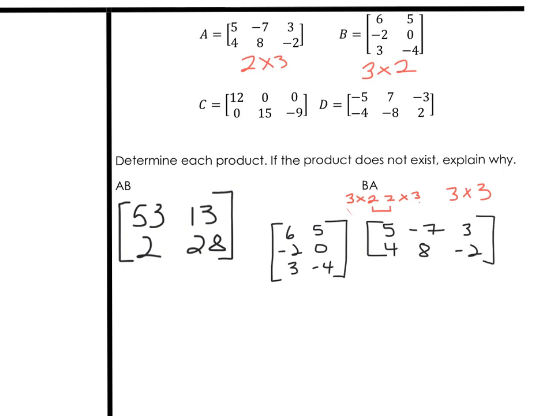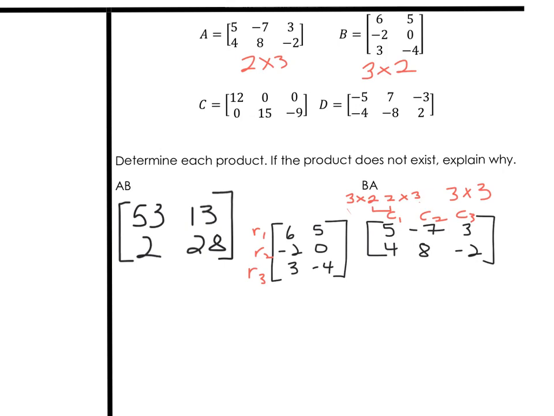As we think about the rule for multiplying matrices, in the first matrix, we have row 1, row 2, and then row 3. And in the second matrix, we have column 1, column 2, and column 3. So thinking through this, remember the rows go left to right, columns go up and down.